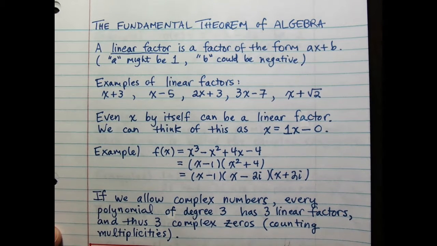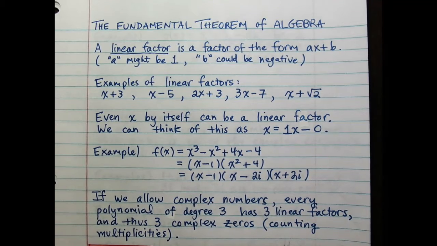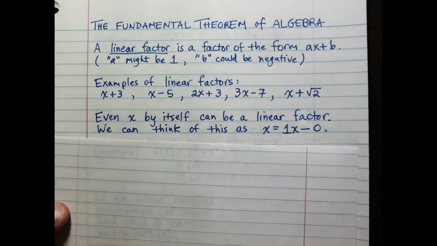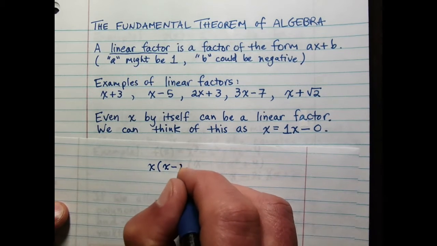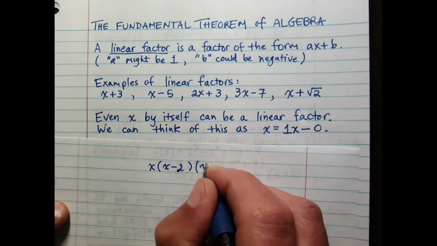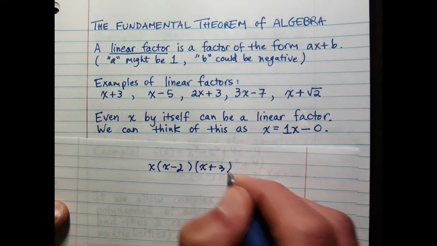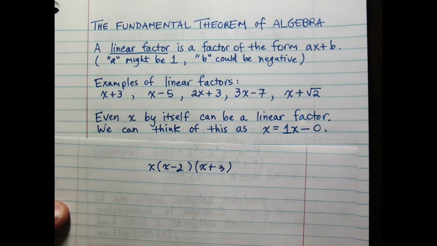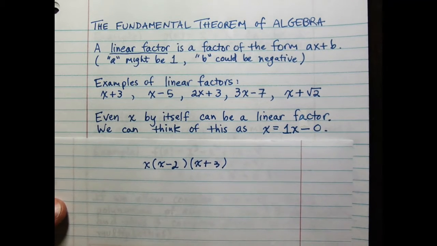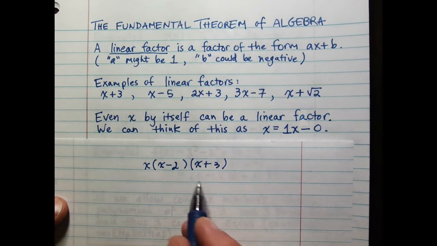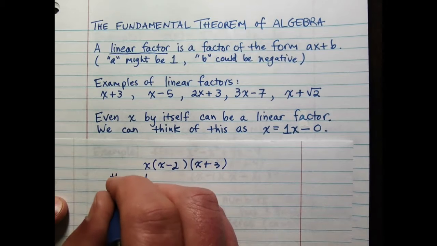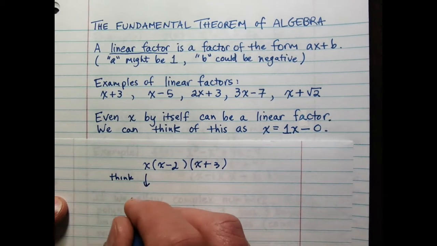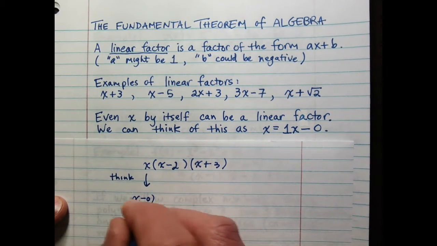And I want to just give us an example of that. If you have a polynomial that factors as x times x minus 2 times x plus 3, this is the way we would normally write the factorization, but in your head sometimes it's helpful to think of that x as x minus 0.